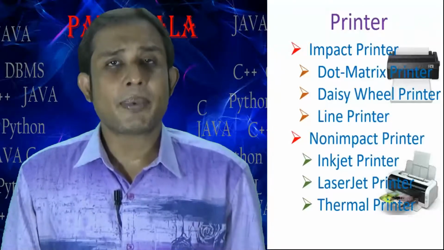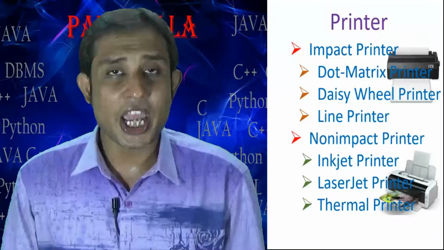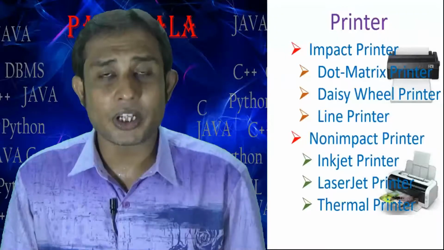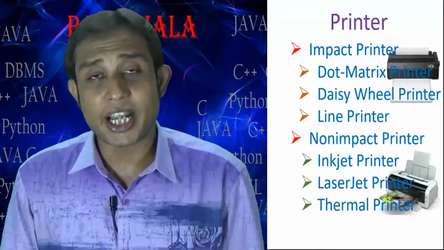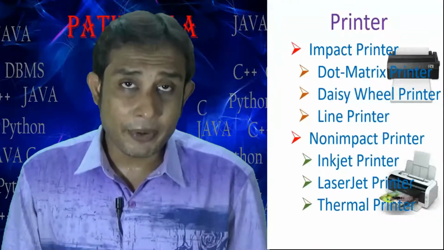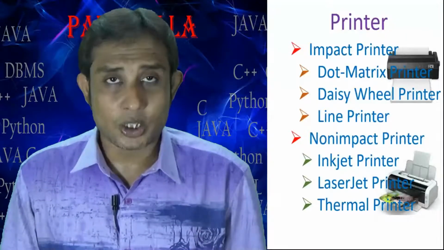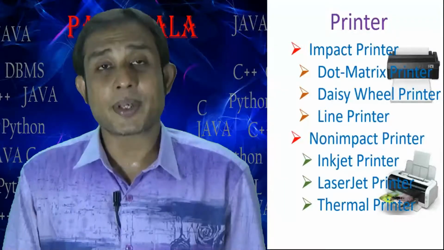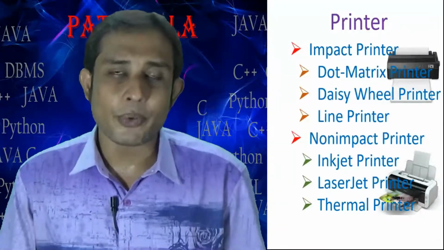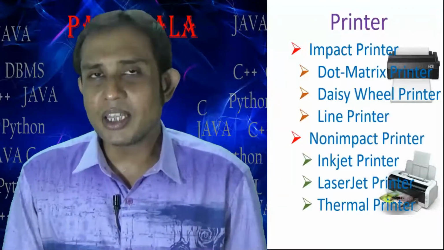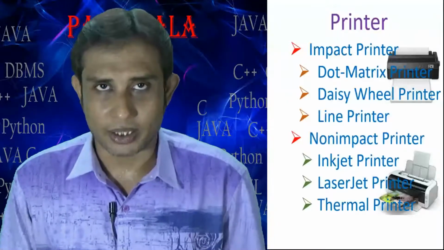Here the metal or plastic heads are pressed into the ribbon, and the ribbon contacts the paper, and the specific character, letter or dots, meaning the specific impression, is created on the paper. In this way the impact printer works.